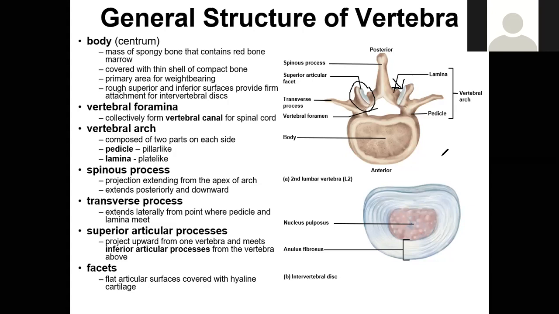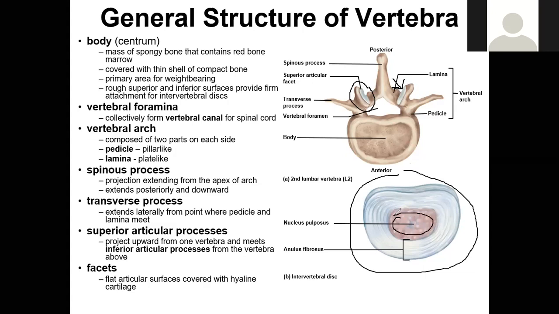In between the vertebrae are these intervertebral discs. We're going to talk a little bit about it in a few minutes also. What I need you to know about the intervertebral discs is what they're made of. The first part is the center part. The center part is known as the nucleus pulposus.